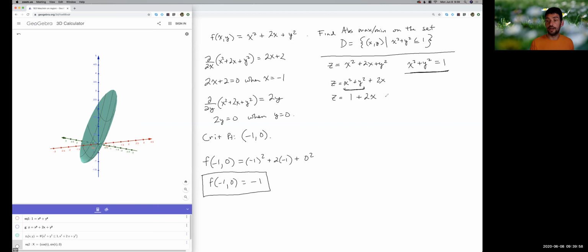Okay? Now, the other thing that's true on the boundary, and this is obvious from x squared plus y squared equals 1, is that x has to be between -1 and 1. So the boundary includes only x values between -1 and 1. And z on the boundary is 1 plus 2x. Okay, let's rotate this picture a little bit.